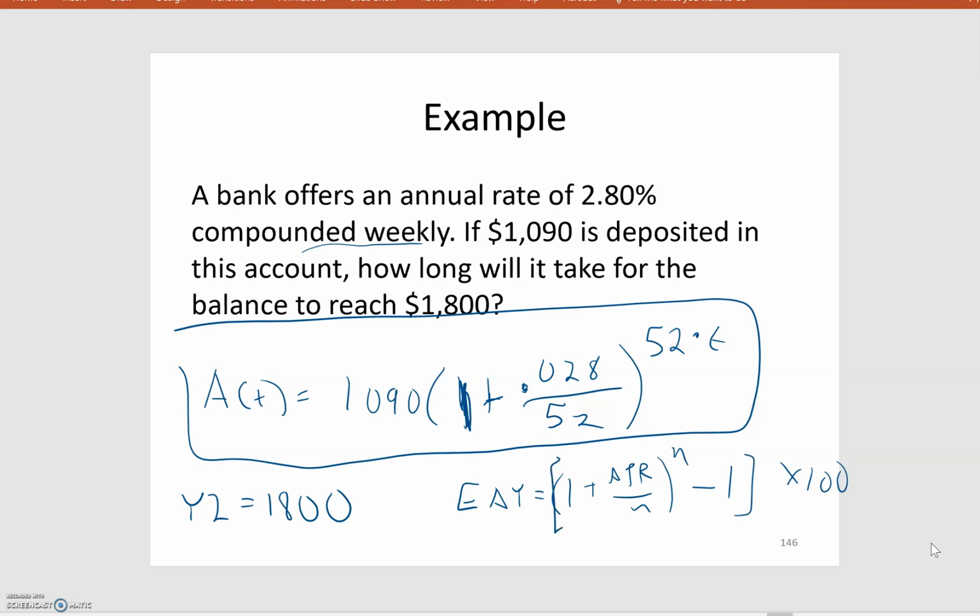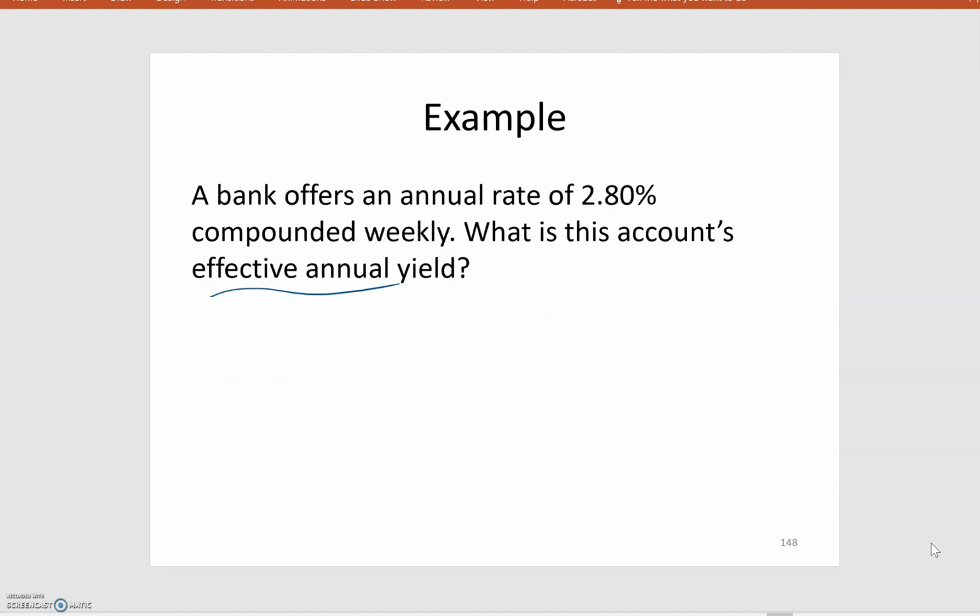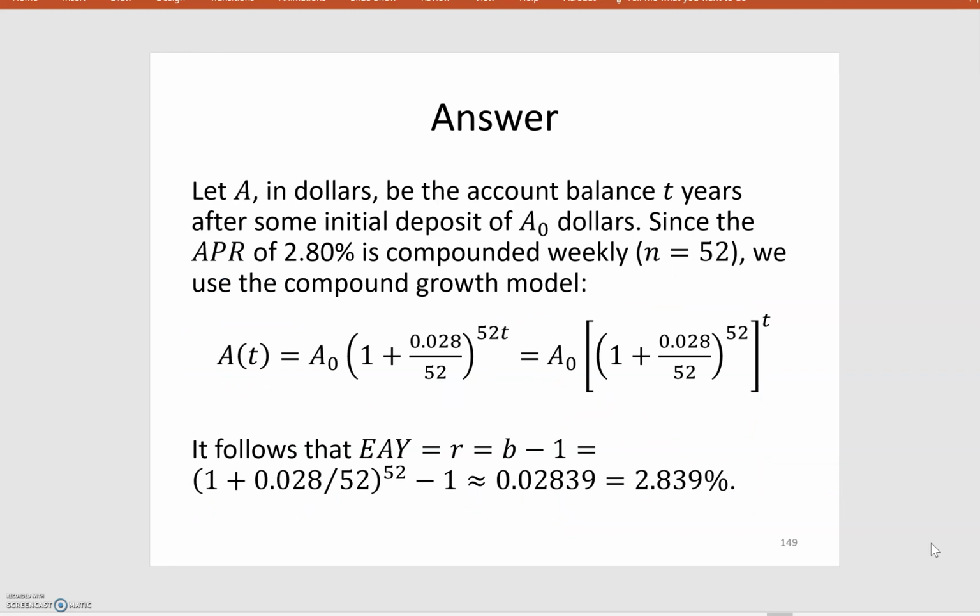The times 100 is to put it in percent form. And that's the formula. So really we just take this value, subtract 1, and then multiply by 100. And that's what you see right here.